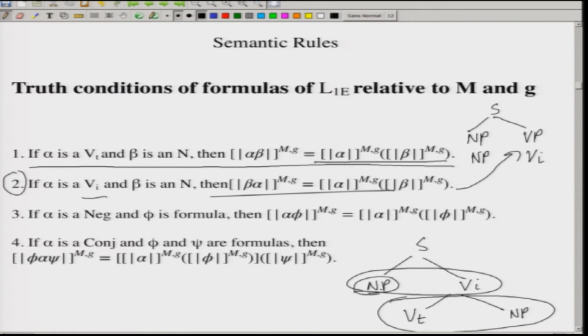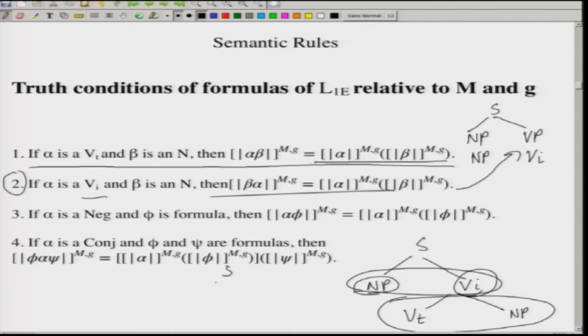the NP will not somehow unite with any VT. It will unite directly with the VI, which is not "loves" but "loves John." So, when I have "Mary loves John," Mary actually unites with "loves John," not with "loves." What unites with "loves" is John, not Mary.